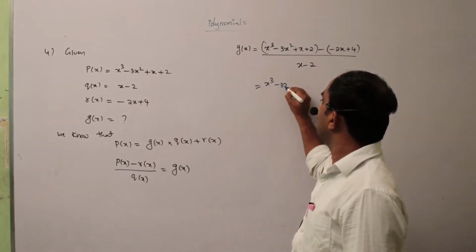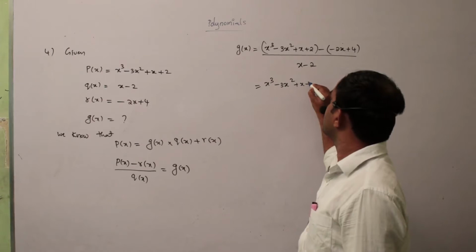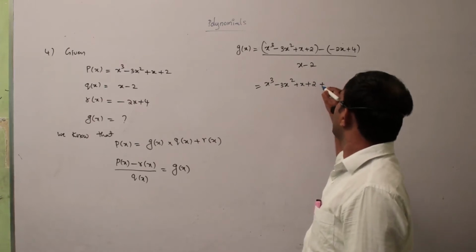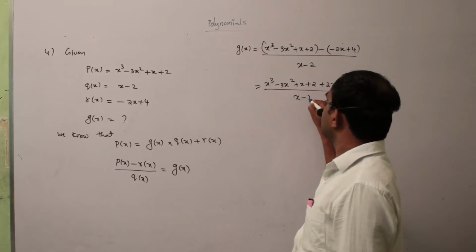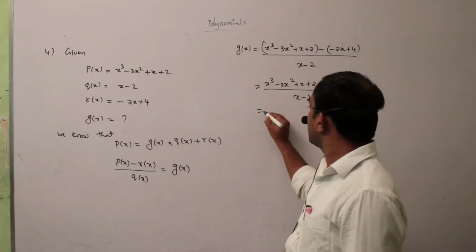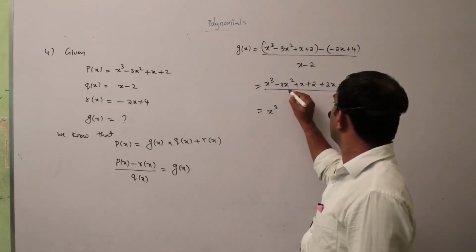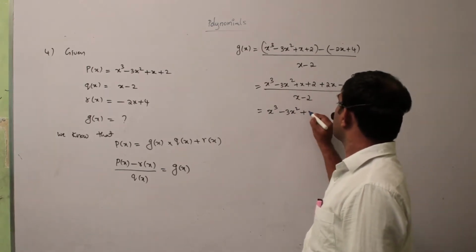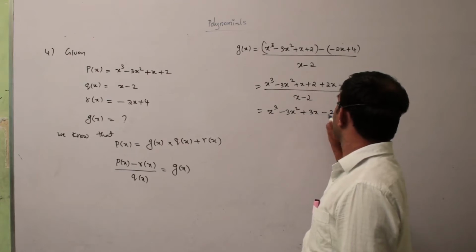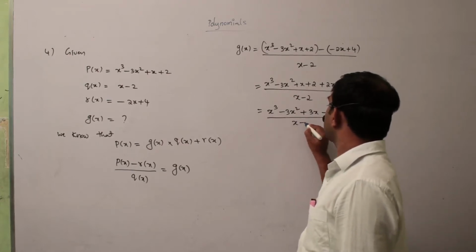X cube minus 3x square plus x plus 2, minus into minus plus 2x minus 4, by x minus 2. So we are getting x cube minus 3x square plus 3x minus 2 divided by x minus 2.